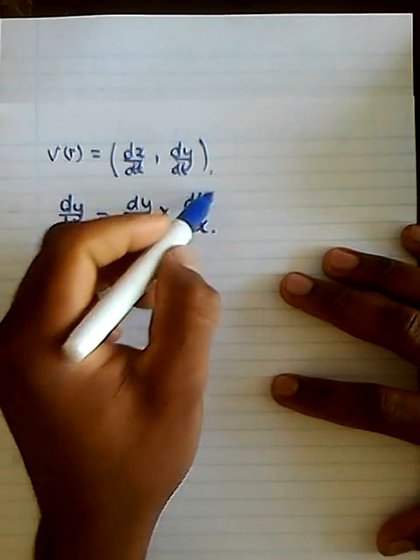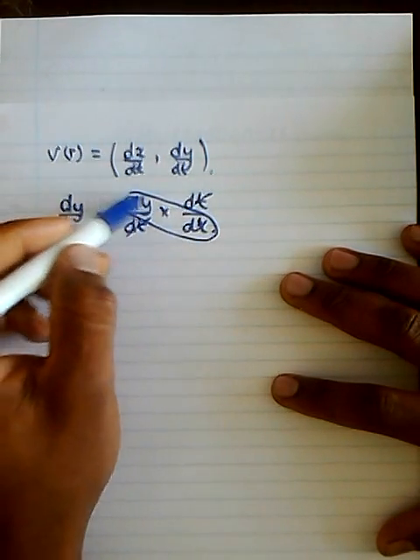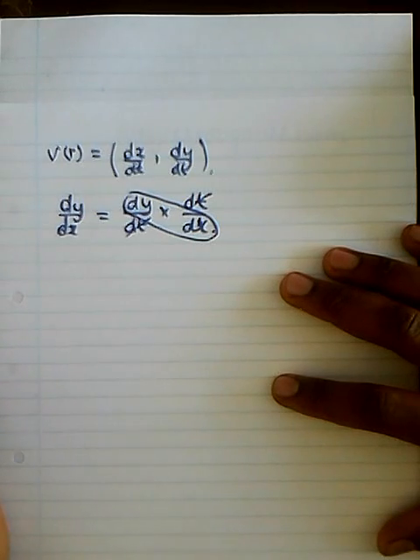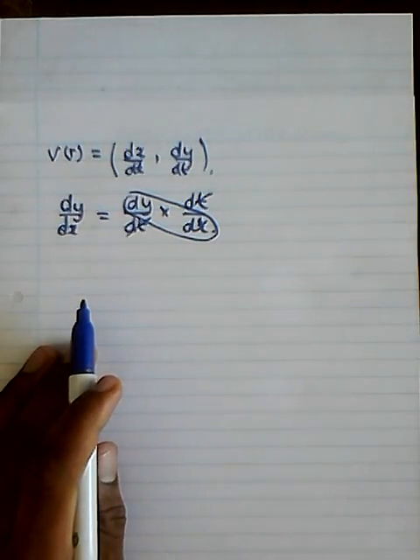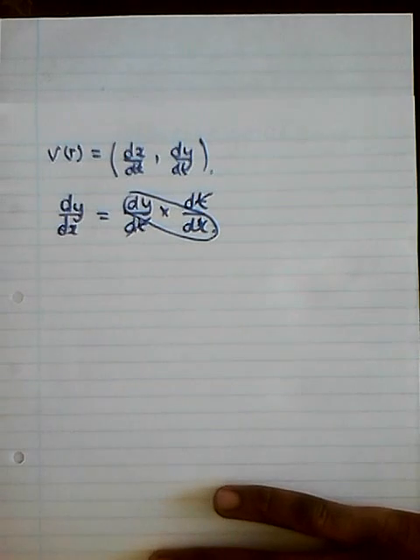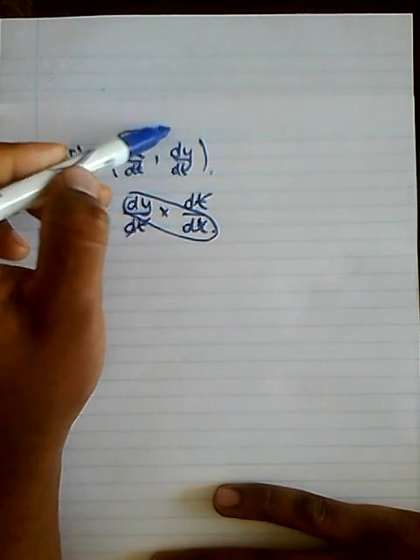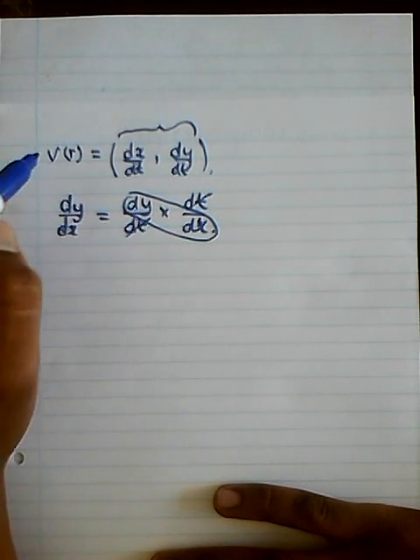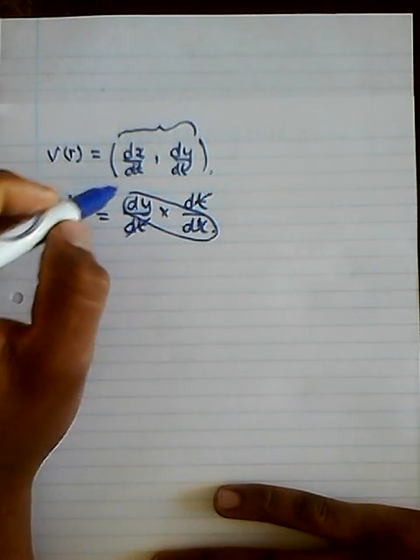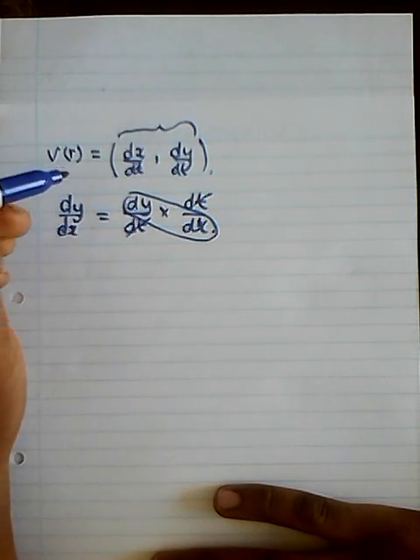Note that this dt is going to cancel out this dt, and then you're going to remain with dy over dx. Note that what I am doing here is working with 2D equations.